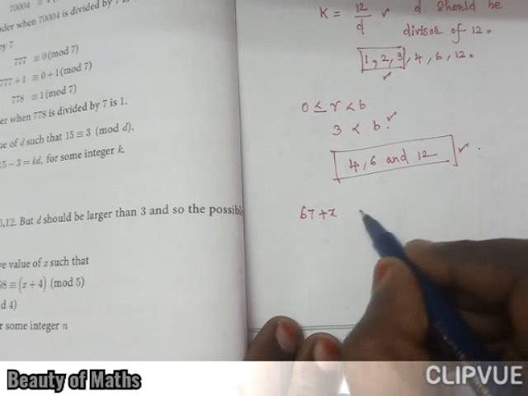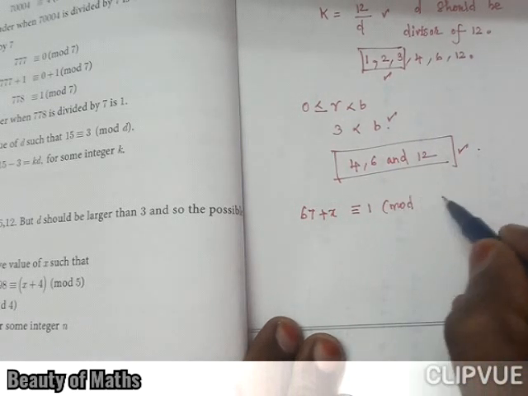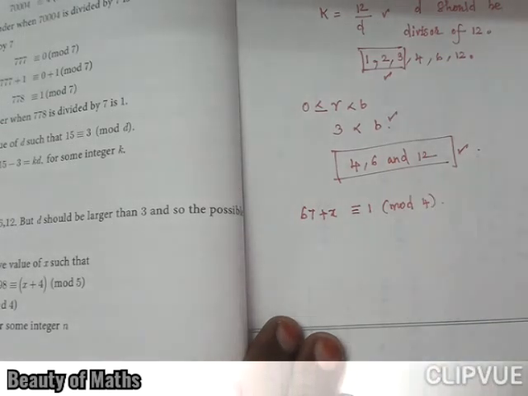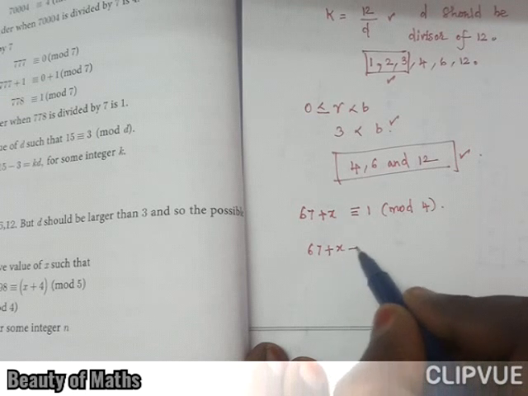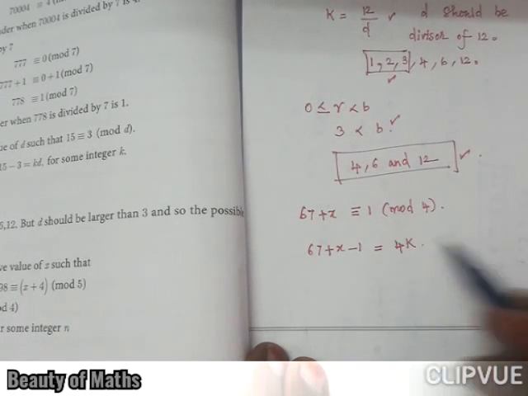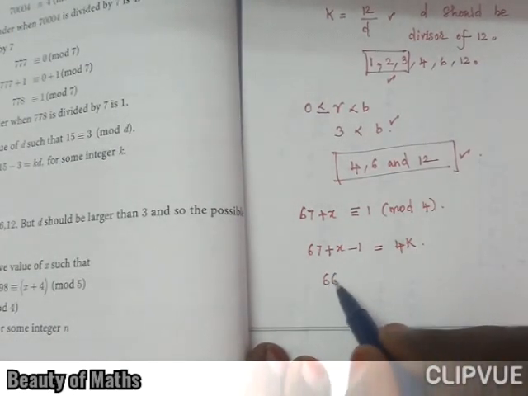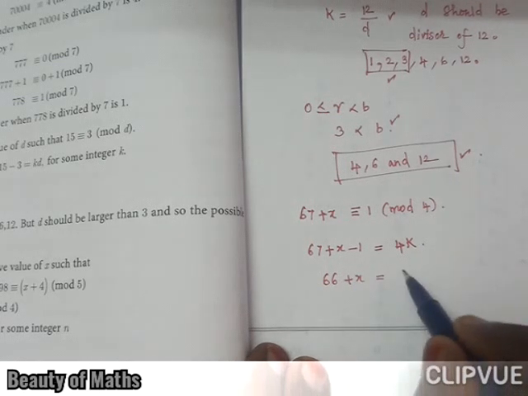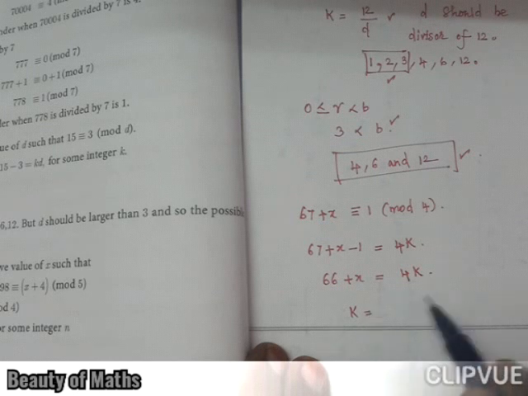So it can be written as 67 plus x minus 1 equal to 4 times k, for some integer k. 67 minus 1 gives 66 plus x, which is equal to 4k. So k is equal to 66 plus x divided by 4.